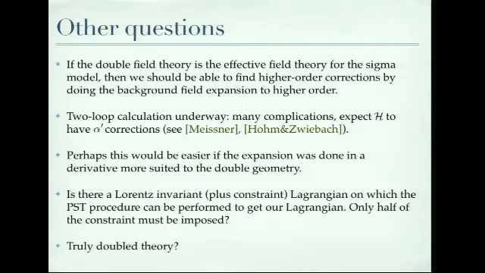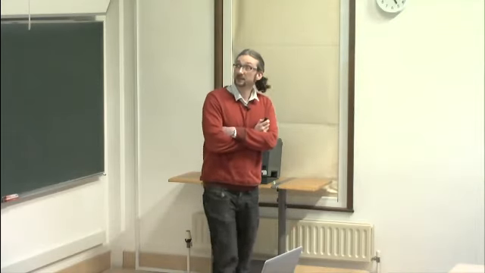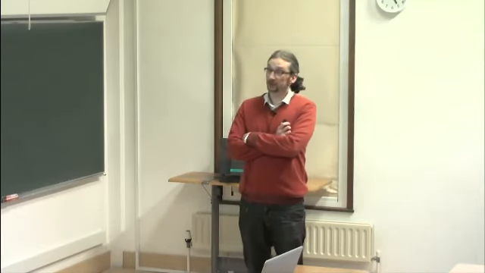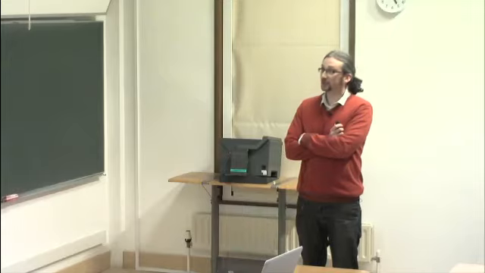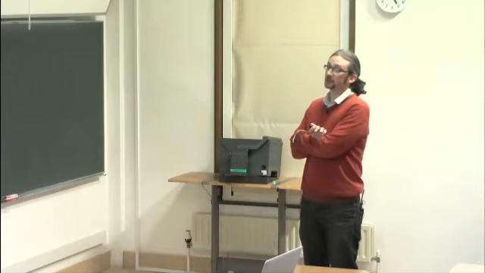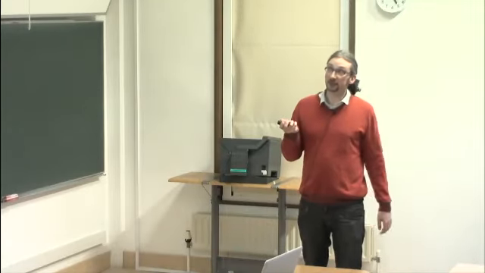Okay. So another point is, I mentioned earlier how when we did the background field expansion, the point of these coordinates psi was so that the objects in the expansion were tensors. Now, what were the tensors under? They weren't tensors under these generalized diffeomorphisms. They were tensors under just diffeomorphisms of the doubled space.